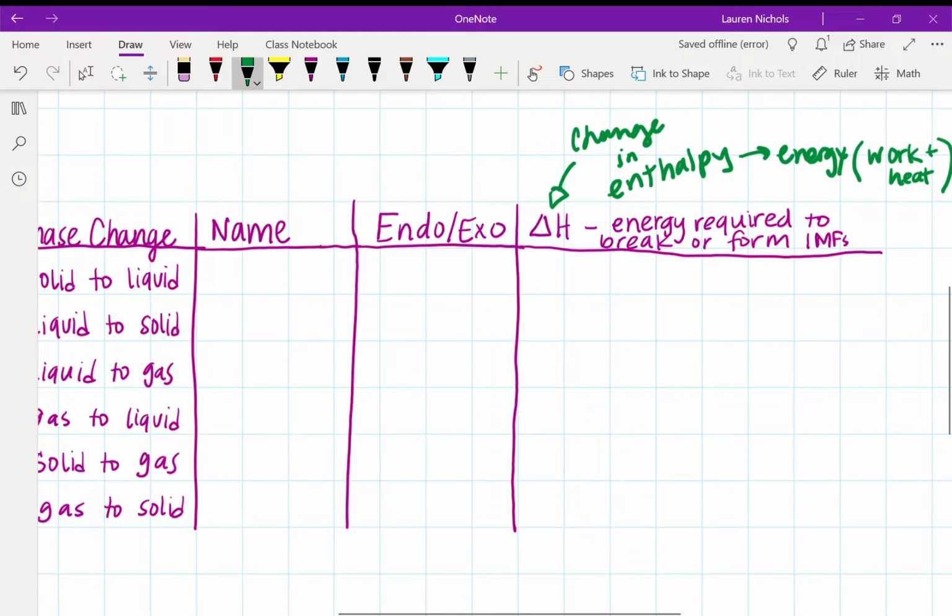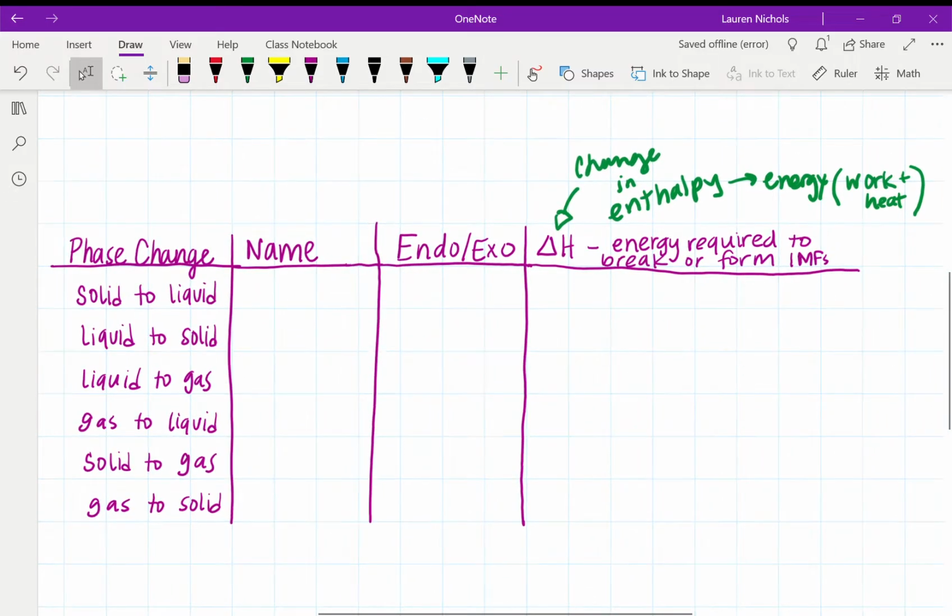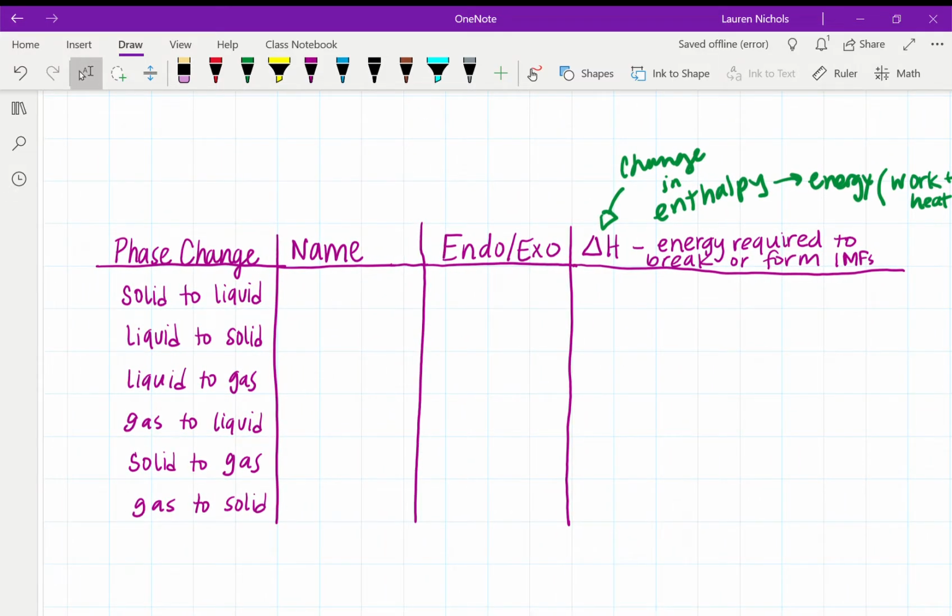And so there is a certain amount of energy, both work and heat, required to break or form those intermolecular forces. As a review of our phase changes, when we go from a solid to a liquid, that is melting, and that is going to be an endothermic process.